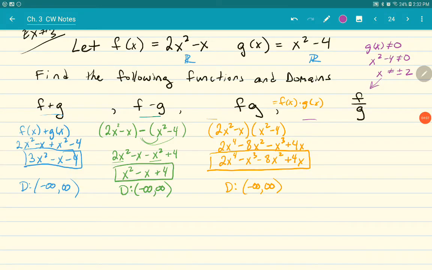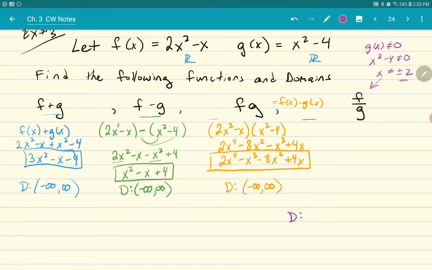And then making space for our final operation of the quotient. Remember, our domain for this one is a little more restrictive because I have to leave out that plus or minus 2. So that one should go from negative infinity to 2. Oh, it's plus and minus, I'm sorry. So it's actually going to be a 3-part domain.